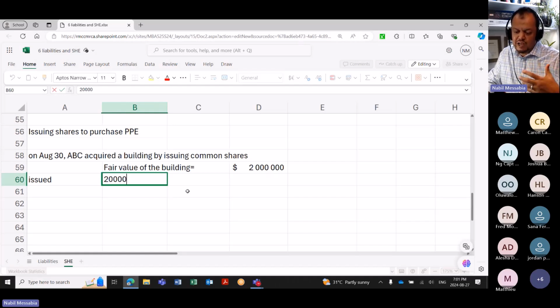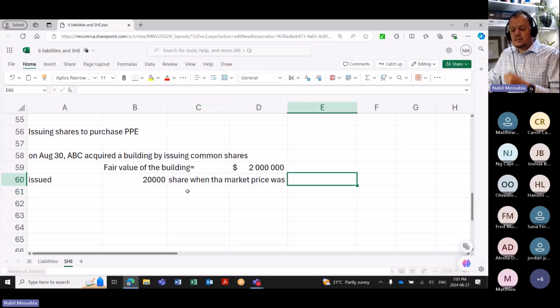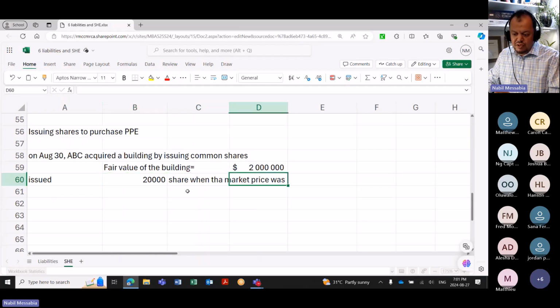You see where I go with this. I'm trying to get an amount which is different than that 2 million. How to deal with that? Where the market price at that day, the day of the issuance, let's say if I make it $10, it will be exactly the same 2 million, right?